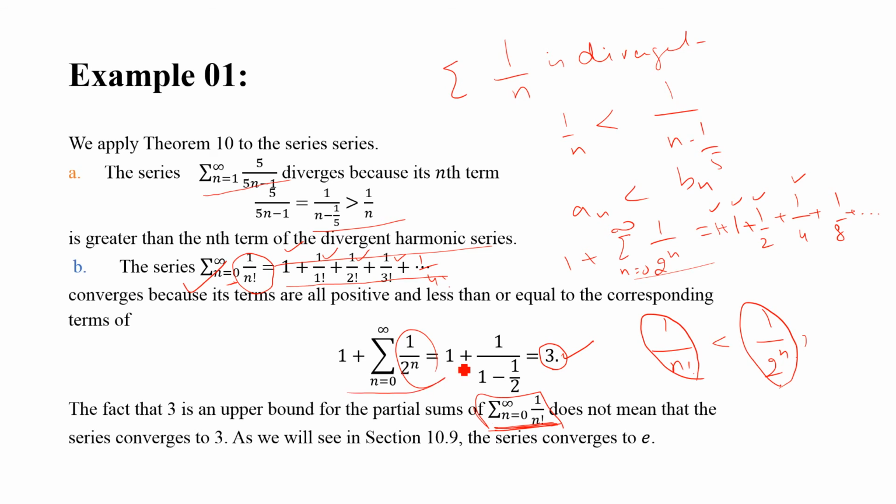Actually, this given series is convergent and converges to 3, but this other series is not equal to 3 or does not converge to 3. So this is the point to be noted. Do not forget this. So we can just conclude, using part 1 of theorem 10, that this series is convergent. So right now we don't know the number it converges to.